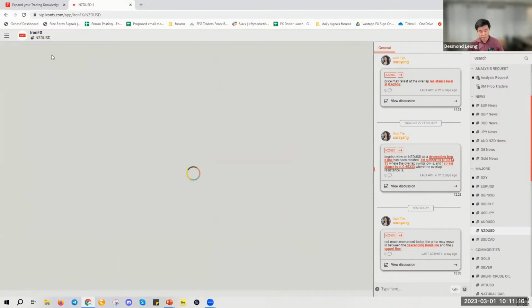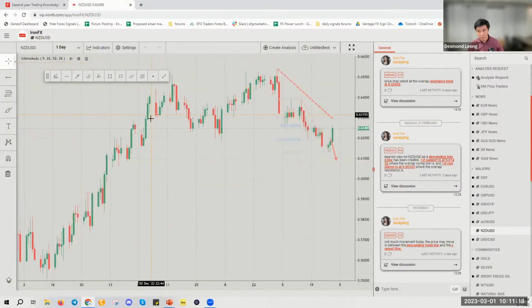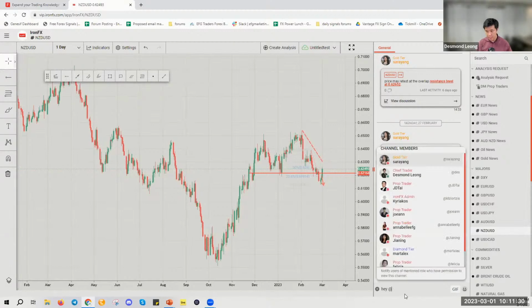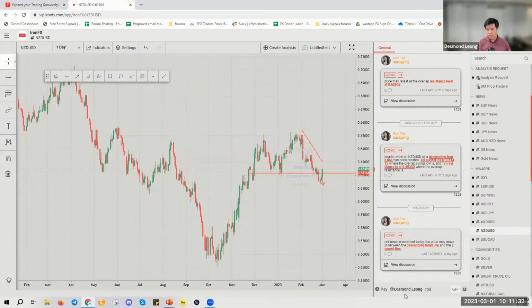I'm looking at the 1-day chart. You might be thinking, hey Desmond, is this a double top? I'm going to delete this. You might come here, draw this, and say, hey Desmond, could this be a double top reversal? Which level? Let me delete the random stuff that I drew previously.